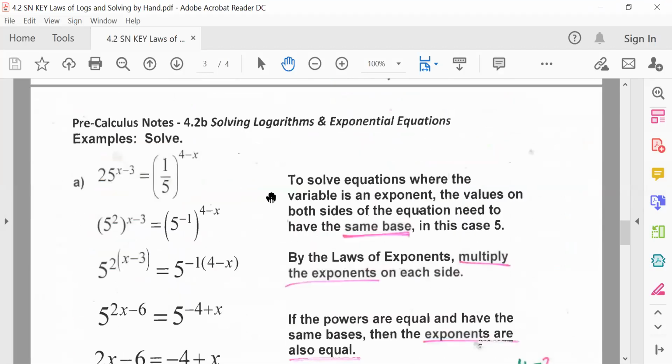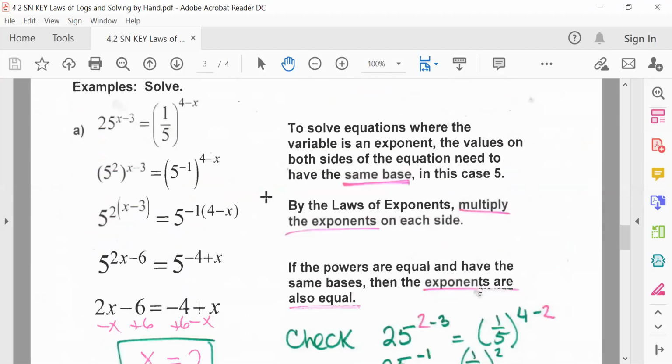Okay, now this example that's worked out right here is a type of question that comes up a lot on SATs. Okay, we want to solve this by hand, as in not using a calculator. Okay, so we have 25 to a power with a variable equaling 1/5 to another power but with the same variable.